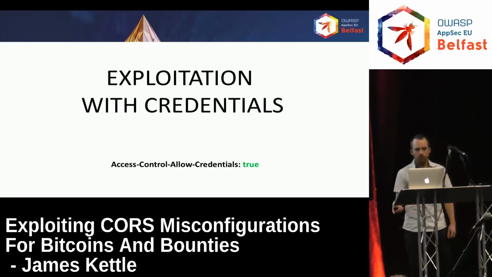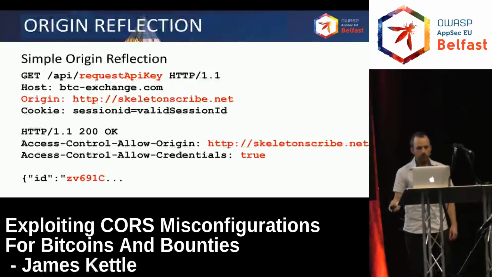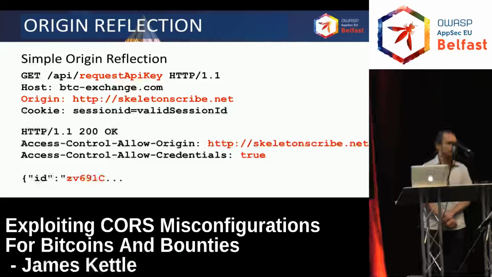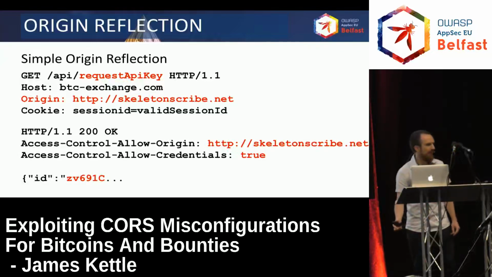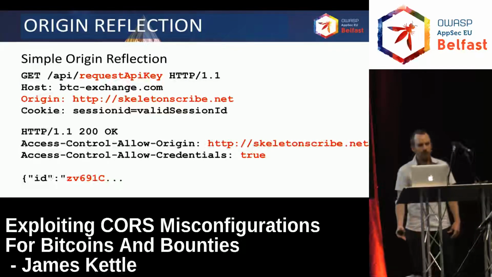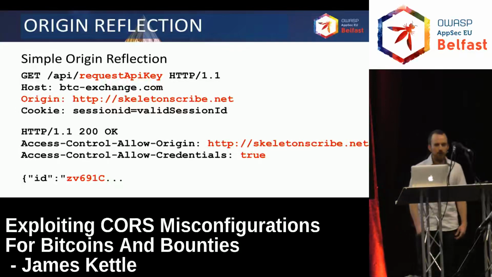Okay, first off, the simplest thing that can go wrong when you dynamically generate the allow origin header is that you just reflect whatever origin header you get given, which is surprisingly common for such a crazy behavior. I very quickly found a Bitcoin exchange, which I sadly can't name, that had this behavior.